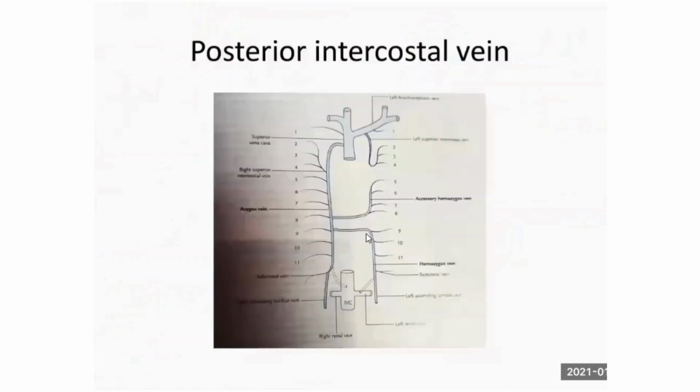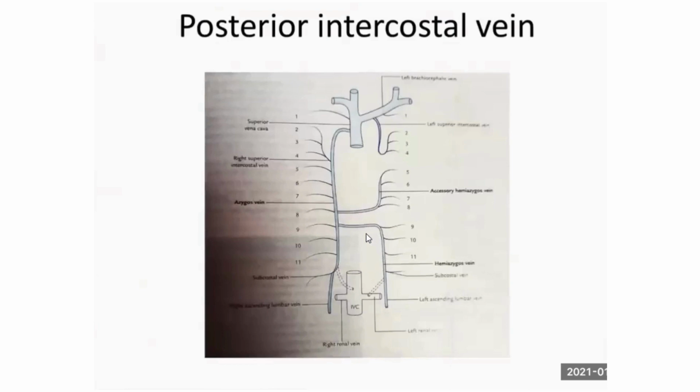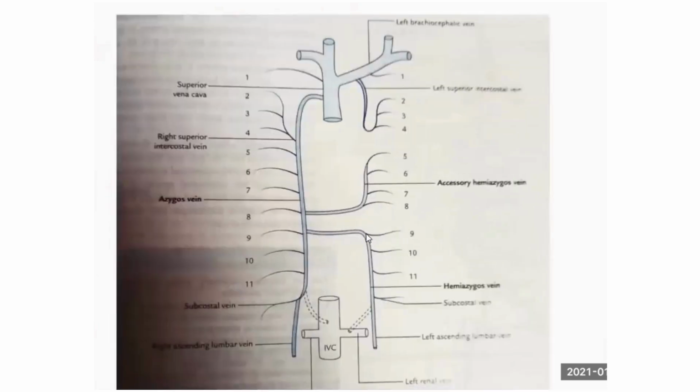If there is a posterior intercostal artery, there should be a posterior intercostal vein. Now you see on this, how many veins? Number it 1 to 11. Subcostal is 12. This is the right side. This is the left side. Number 1 drains directly into, where does it drain?